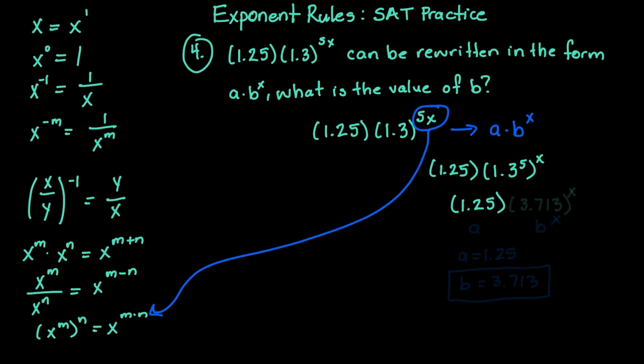So we can put 1.3 to the 5th in our calculator and we get 3.713 and then raised to the x, with a and b to the x. So now we know a is 1.25 and b is 3.713.